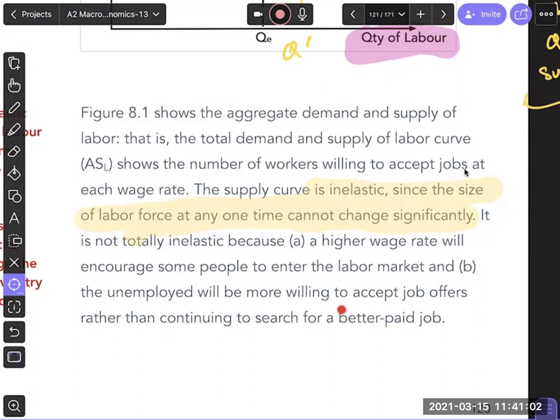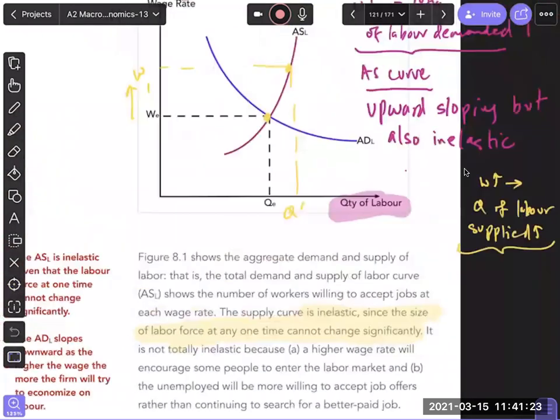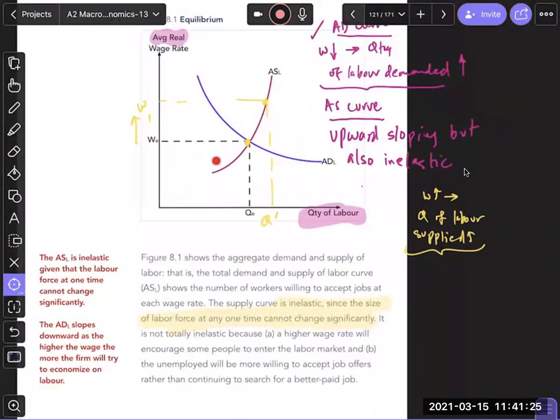But if I don't find the work that I'm looking for, and the wage rate goes up, I'm very likely to accept it because the wage rate was another factor that attracted me to the job. So one could argue that the aggregate supply curve is A, upward sloping, and B, inelastic, which means it doesn't really change that much.